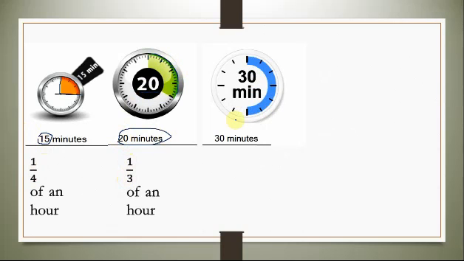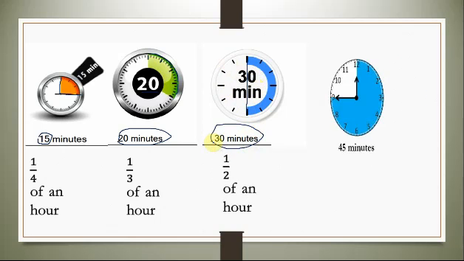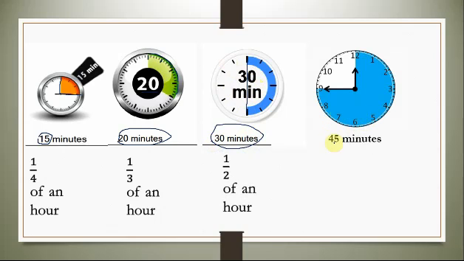What about this one, the 30 minutes? This is how many parts of the hour? This is the half, this one half and this one half. So 30 minutes equals half of an hour. And this, if you look here, this is 45 minutes because here it is 5, 10, 15, 20, 25, 30, 35, 40, 45.